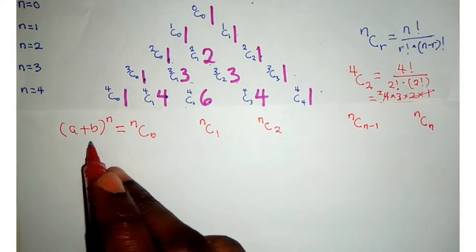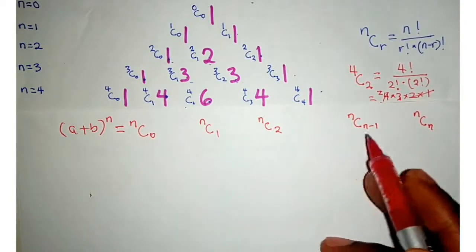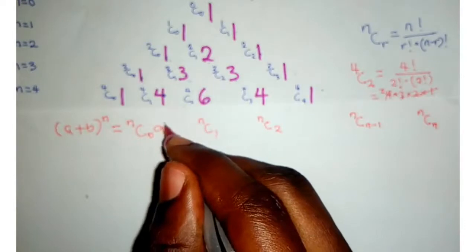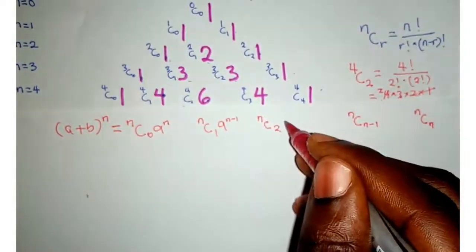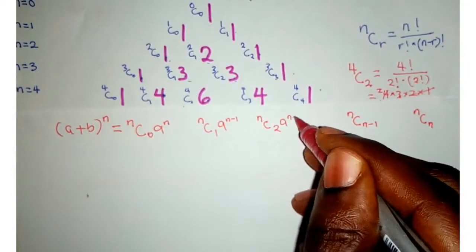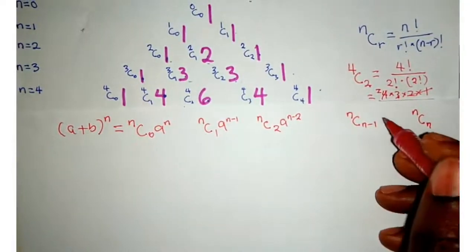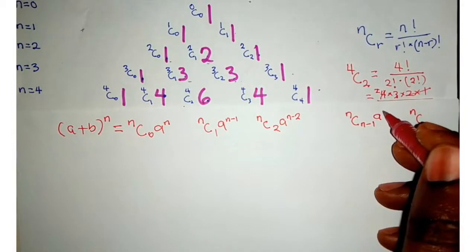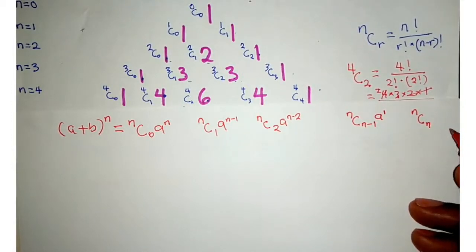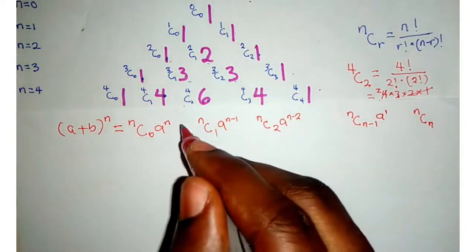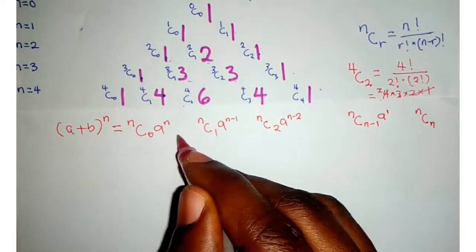Now the power of a decreases from left to right. So we have a to the power of n, a to the power of n minus 1, a to the power of n minus 2, up to a to the power of 1, and a to the power of 0, which is equal to 1. And the power of b increases from left to right.